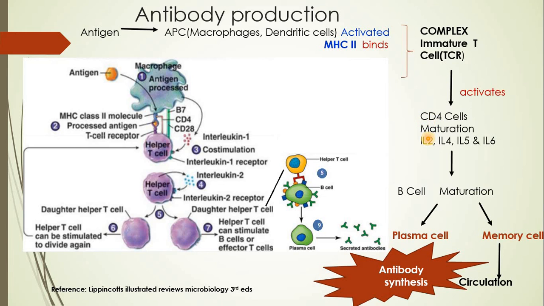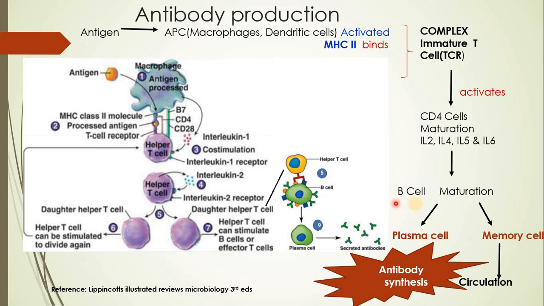These interleukins bring about co-stimulation, and this co-stimulation will lead to proliferation of T cells, as a result of which a large number of mature T cells will be generated, and these mature T cells will interact with interleukin 2 receptors, and that will help in stimulating the B cells.